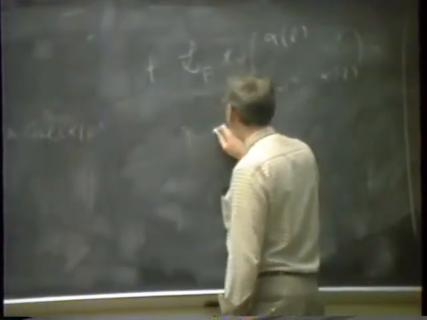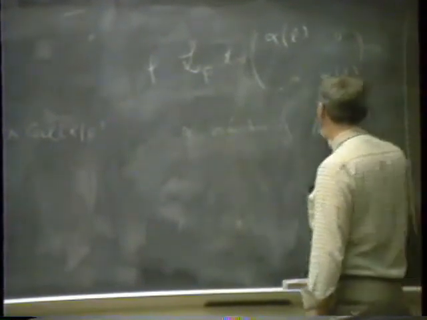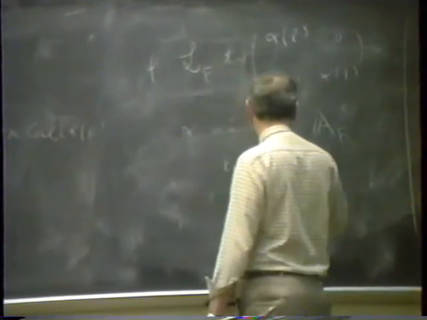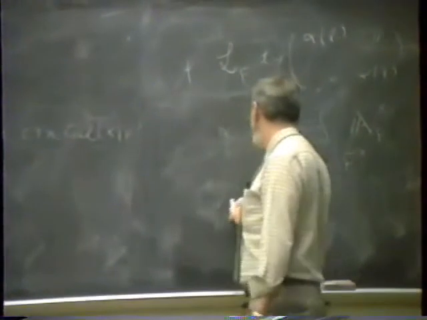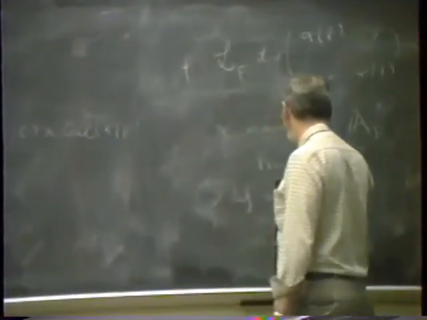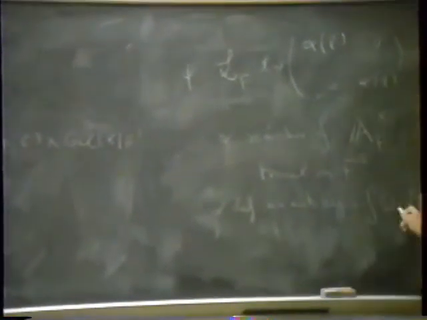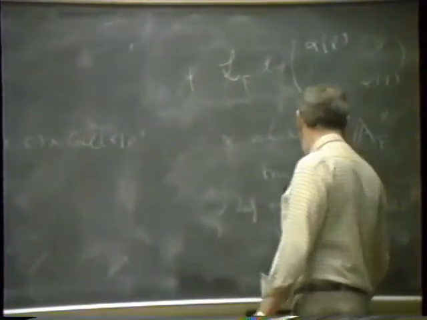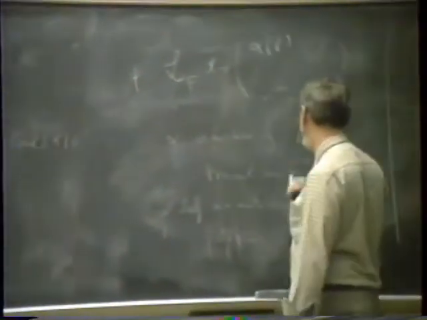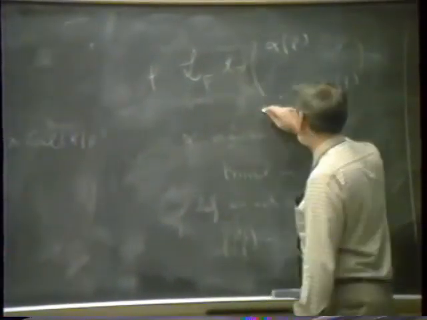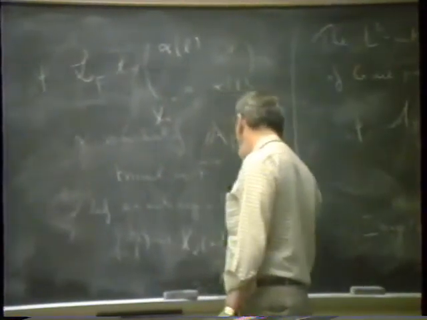That is, alpha is a character of the multiplicative group of the adeles, which is trivial on F cross, and therefore alpha defines an automorphic representation of GL2, namely (A, B, C, D) goes into, if you like, alpha is a character, so to distinguish slightly, chi sub alpha of AD minus BC.